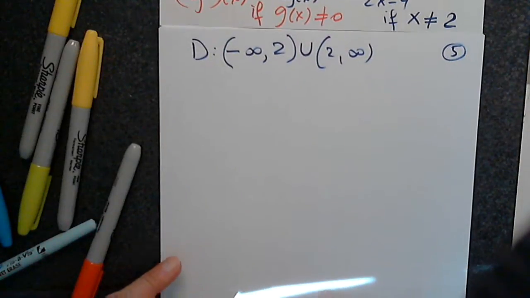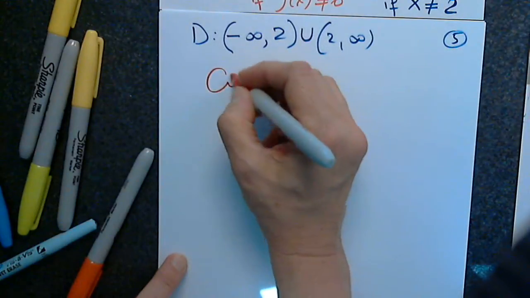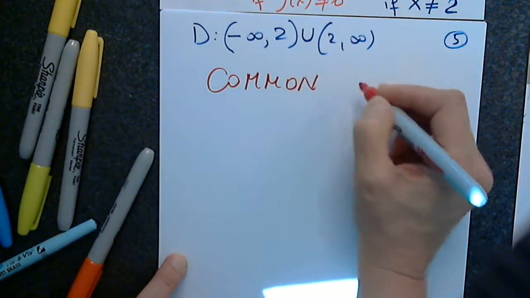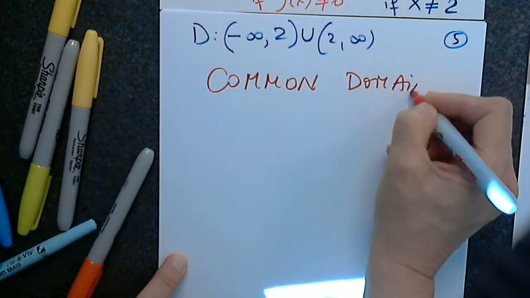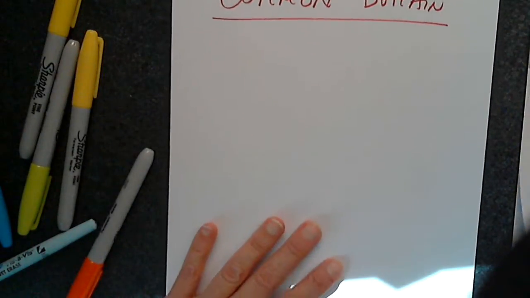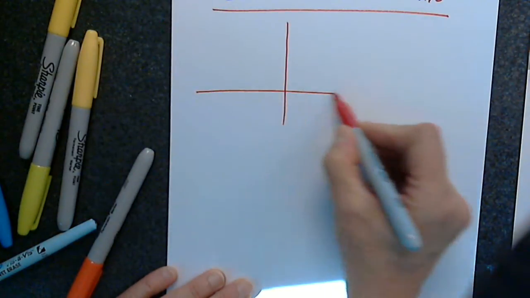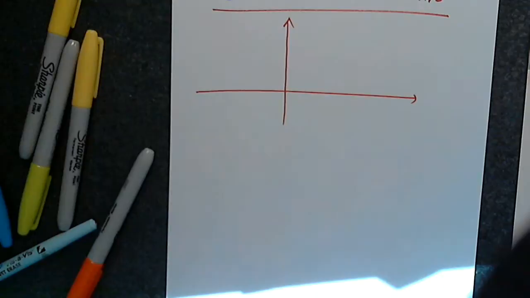Before we choose another example, and before I show you the last method, I would like to talk about the common domain. I'm going to create 2 graphs to illustrate what common domain represents.